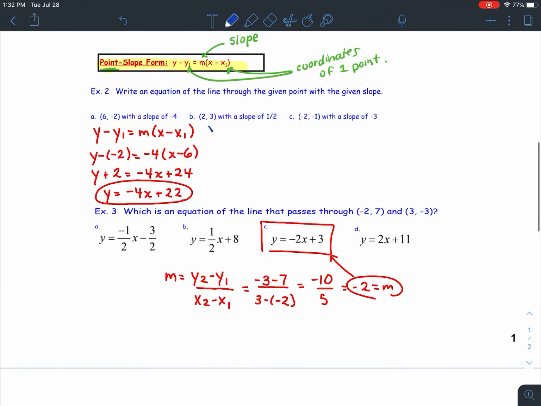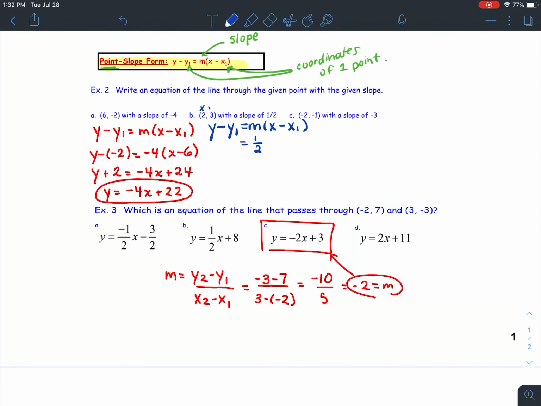So I'm just going to write down generically point slope form here first, and then underneath we'll make our necessary substitutions. So they tell us in this problem that the slope is 1/2, so I'm going to plug that in underneath the m. Then you want to be careful here. Make sure that you're plugging the correct coordinate in for the correct spot. y1 should be substituted out for a 3, and x1 should be substituted out for a 2.